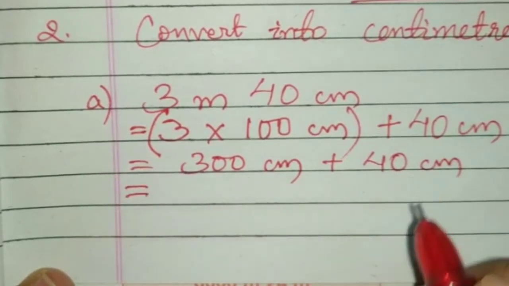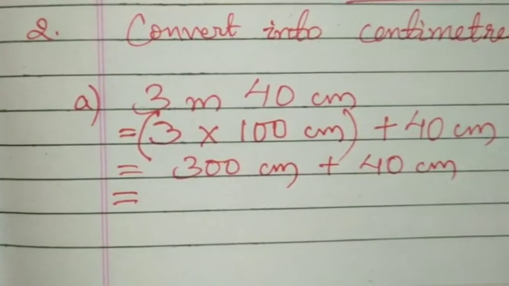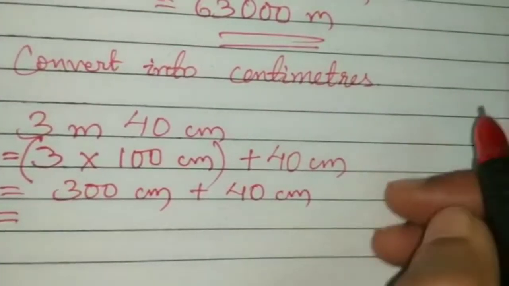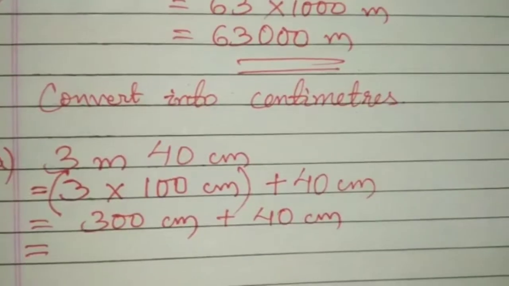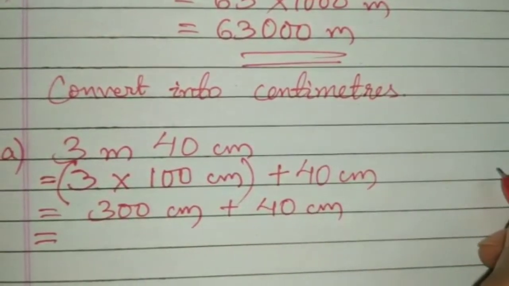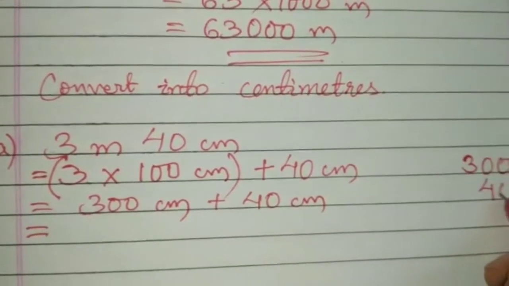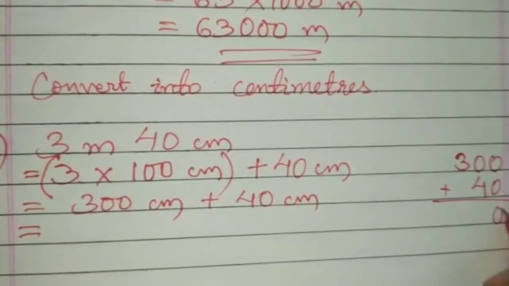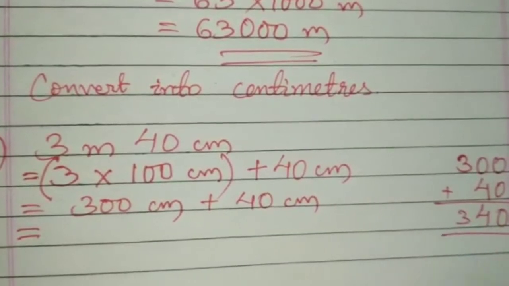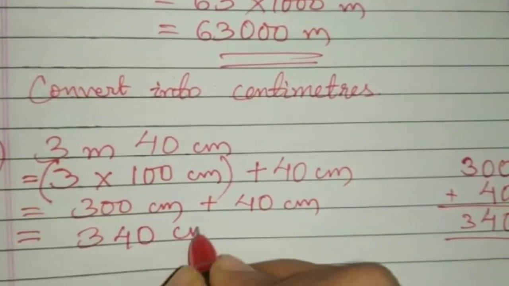Now 300 plus 40. Children, always remember to write in rough. Before doing, always add in the rough column and then only write 300 plus 40 like this. 0, 4, 3. Now this is 340 centimeters.